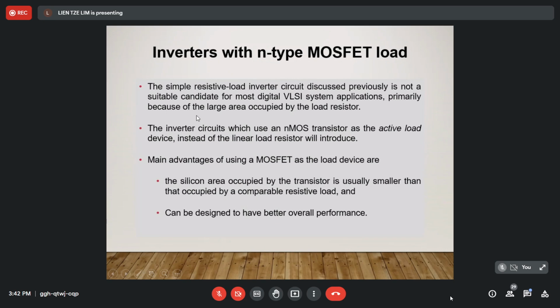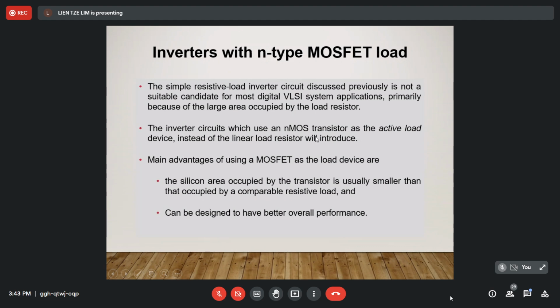For the start of this topic, you can refer to this slide. The simple resistive load inverter circuit discussed previously is not a suitable candidate for most digital VLSI system applications, primarily because of the large area occupied by the load resistor. An inverter circuit which uses an NMOS transistor as the active load device instead of the linear load resistor will be introduced.